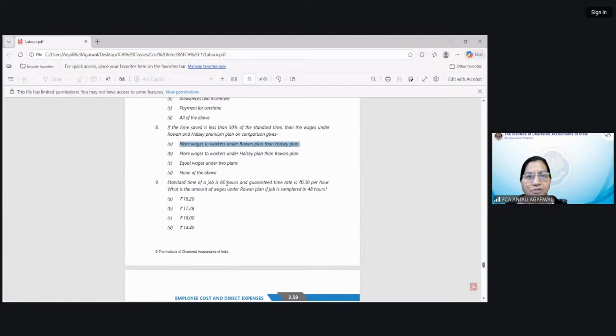The standard time for a job is 60 hours and the guaranteed time rate is 0.30 per hour. Calculate the wages of the worker under the Rowan plan if he completes in 48 hours. Calculate it.